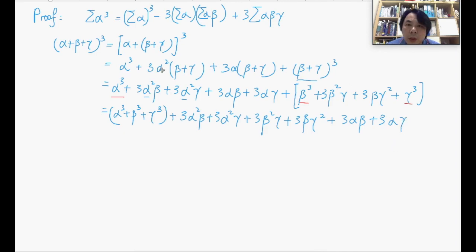Did I get it right here? Alpha square. Okay, I know what went wrong already. Hold on, okay, I spotted my mistake here. Hold on, just let me clean up here.